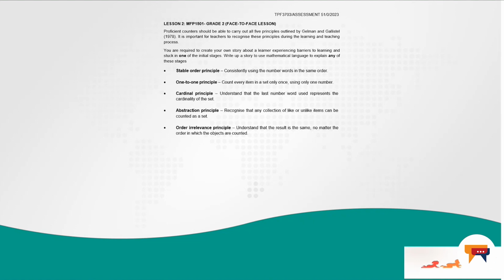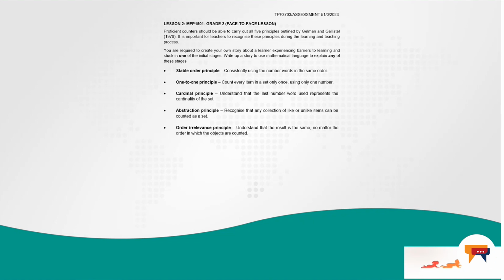Lesson 2 says, proficient counters should be able to carry out all 5 principles outlined by Gelman and Gallistel, 1978. It is important for teachers to recognize these principles during the learning and teaching process. You are required to create your own story about a learner experiencing barriers to learning and stuck in one of the initial stages.